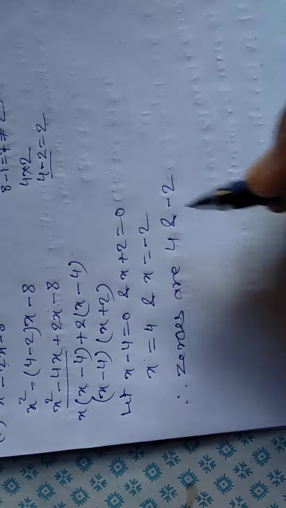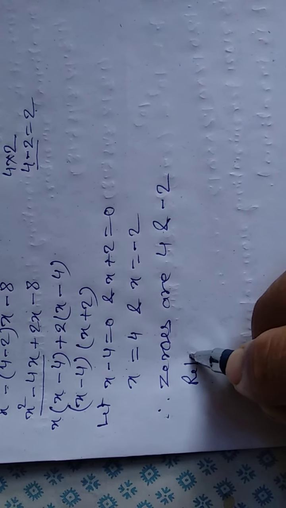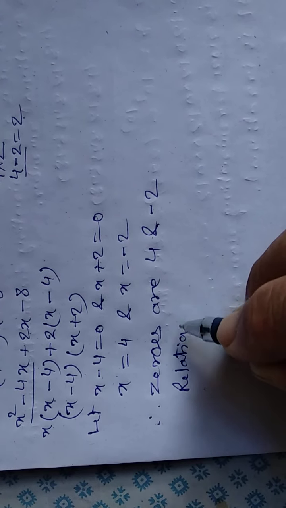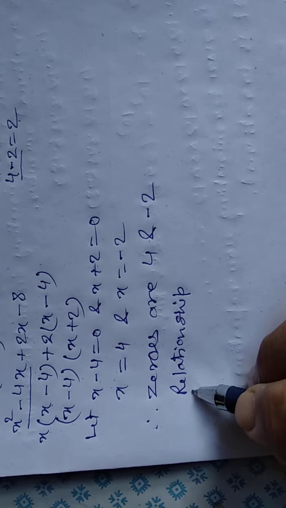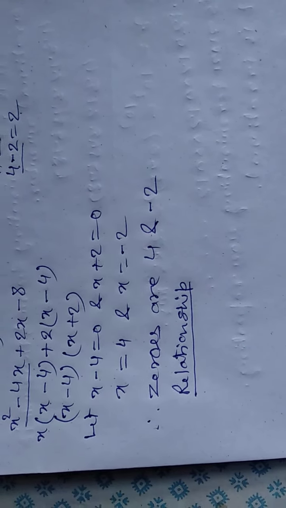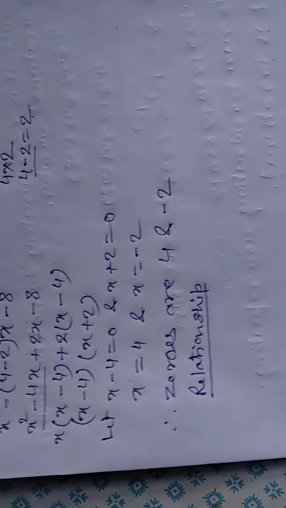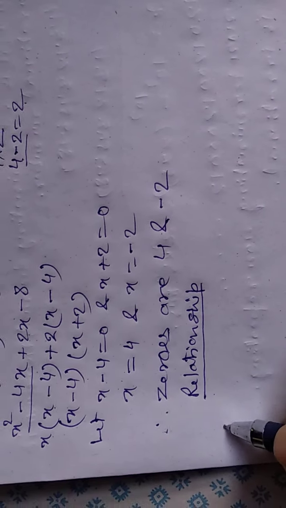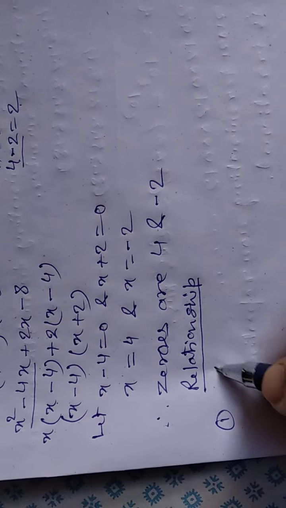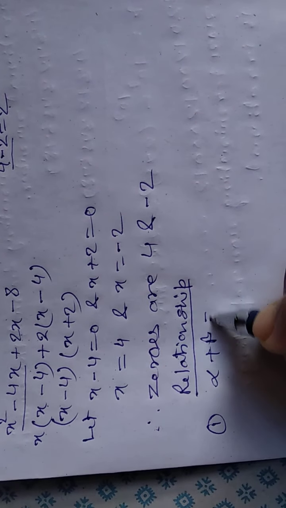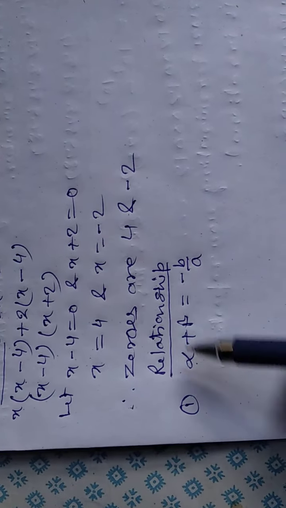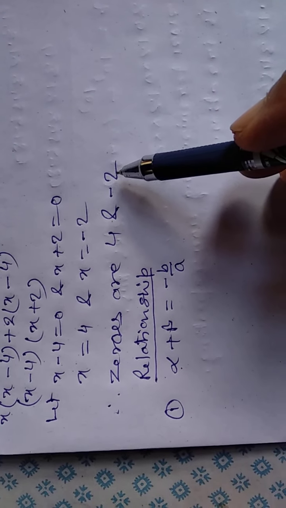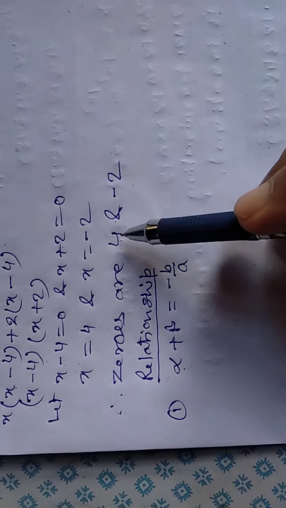Now relation. Relationship between zeros and coefficients. Number 1, you know that sum of zeros alpha plus beta is equal to minus b by a, where alpha is 4 and beta is minus 2, or you can take alpha minus 2 and beta 4.